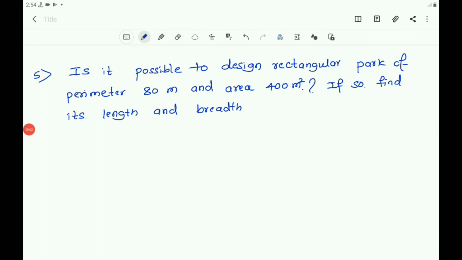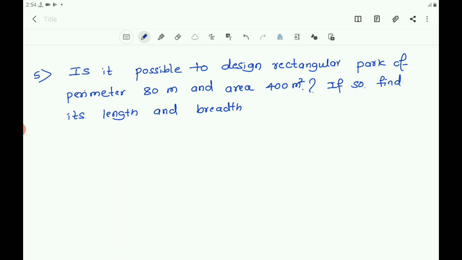Now the fifth question. Is it possible to design a rectangular park of perimeter 80 m and area 400 m square? If so, find its length and breadth.